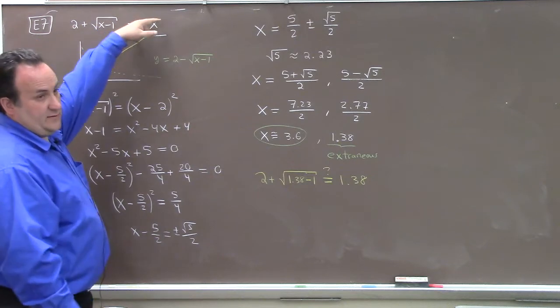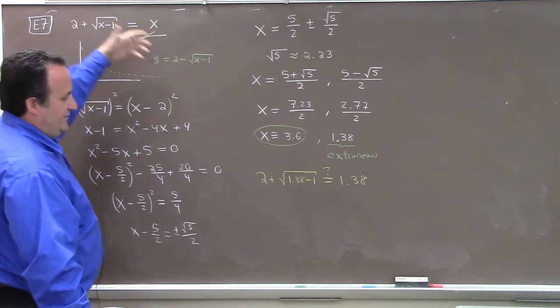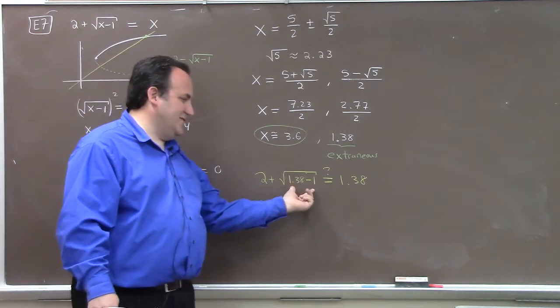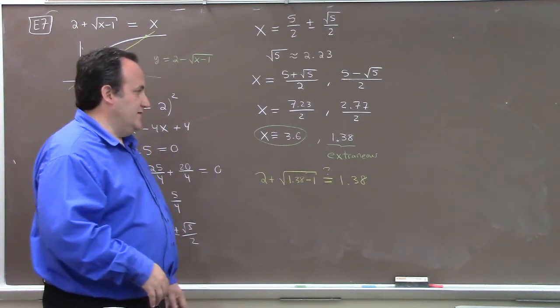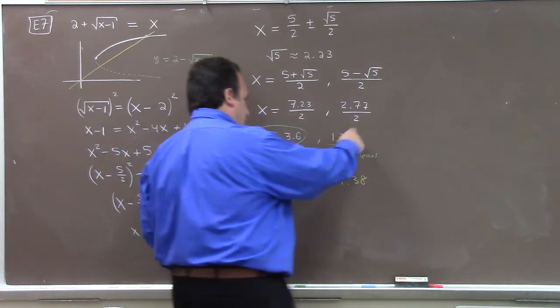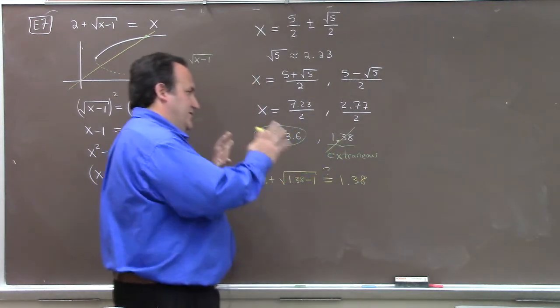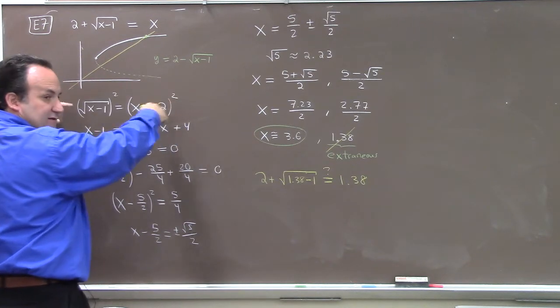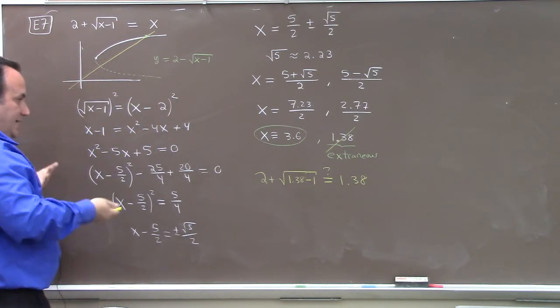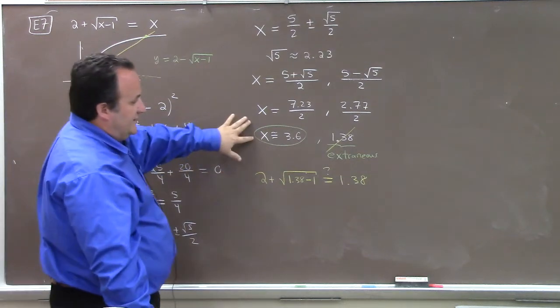Well, look at that. That's obviously false. We have 2 plus a positive thing equal to 1.38. Nonsense, right? So indeed, this is extraneous. We have adjoined that to the answer when we square things. Whenever you square an equation, you can be adding solutions. That's what happened. So the answer is just x equals 3.6.